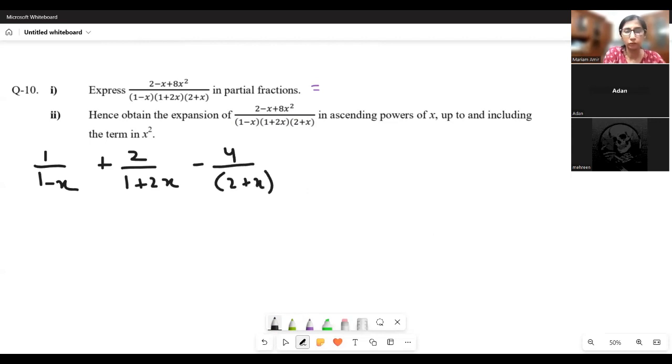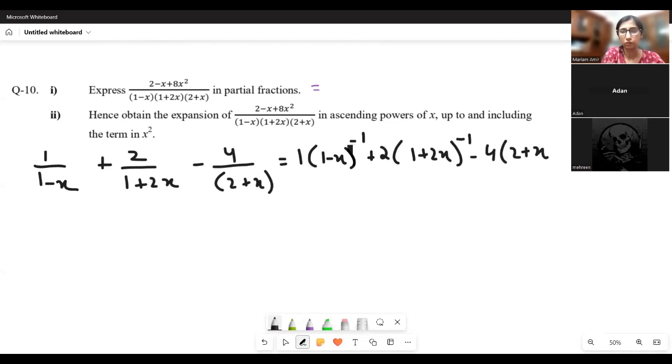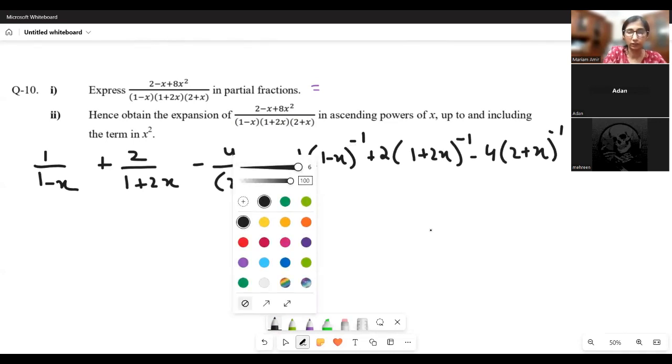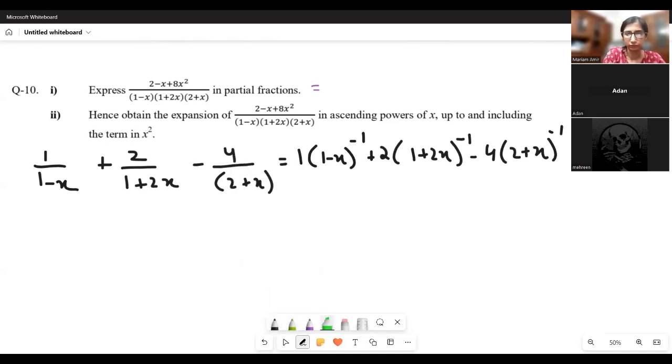Okay. I'm going to bring all the denominators up, and expand all of these. First one is 1 minus x power minus 1.